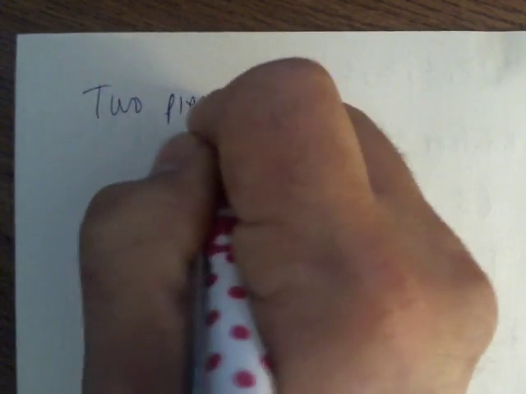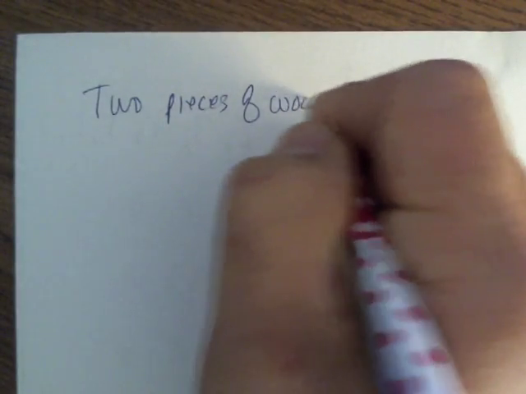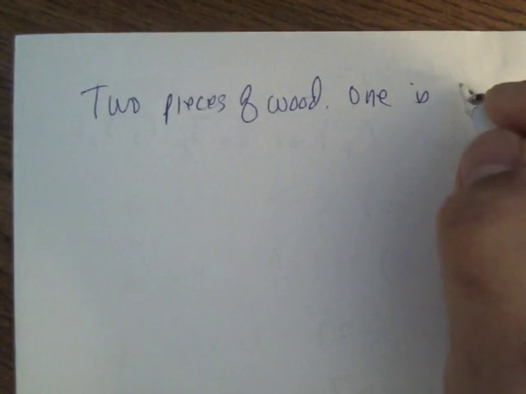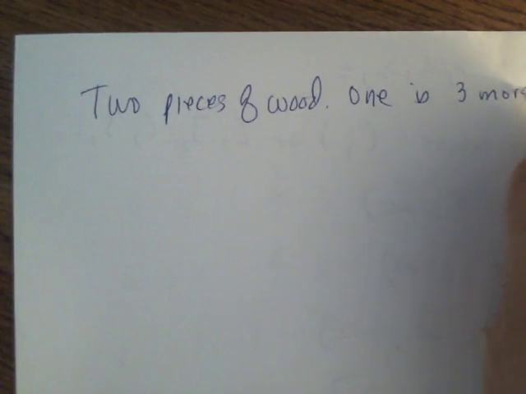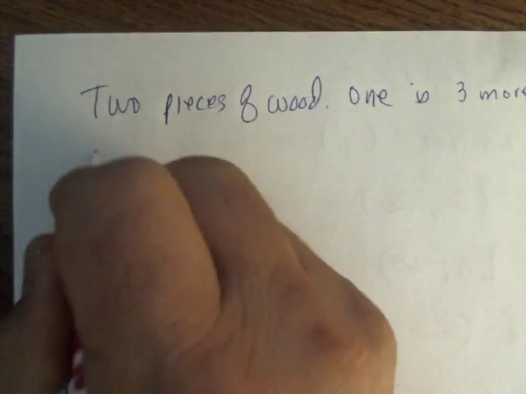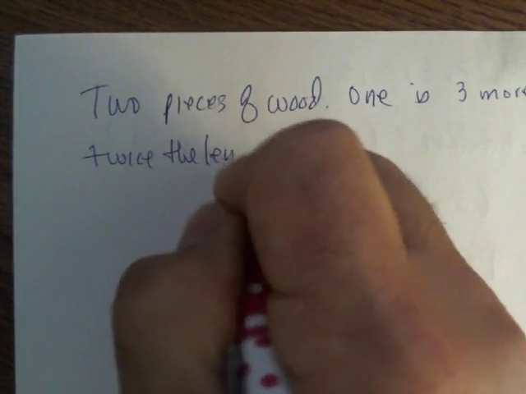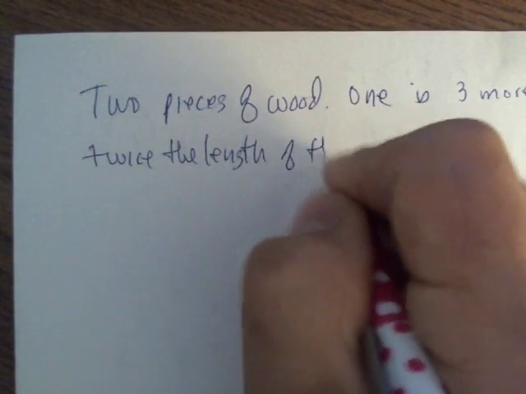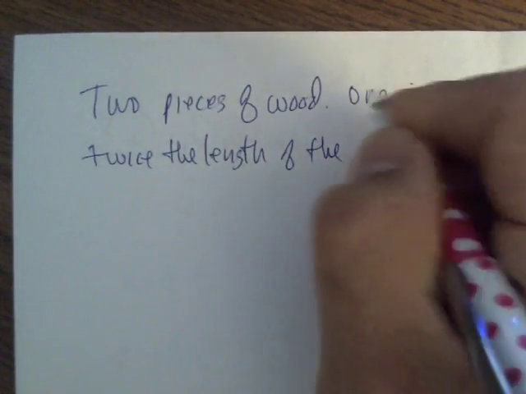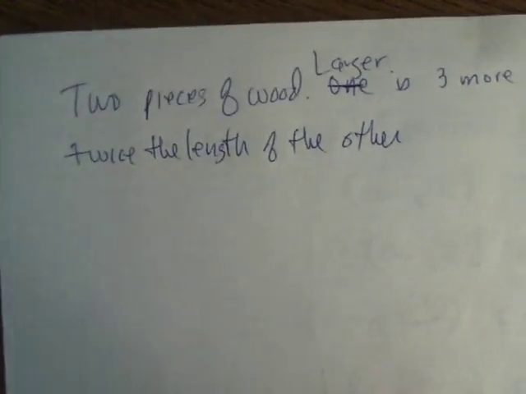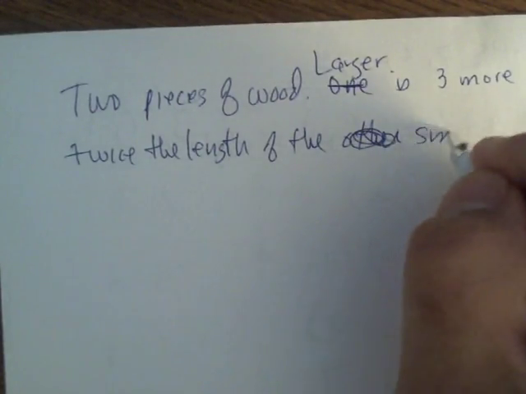If I had an equation where I have 2 pieces of wood, one is 3 more than twice the length of the other, I'm just going to say the larger is 3 more than twice the length of the smaller.